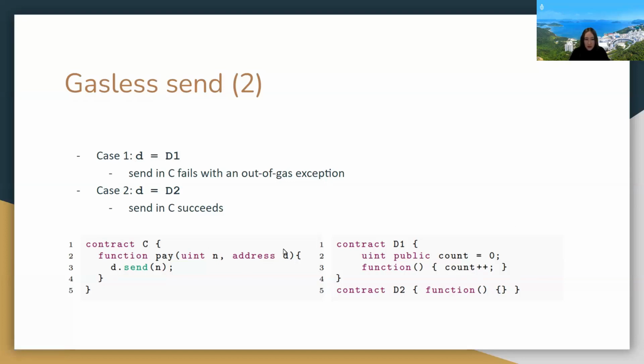If we pass here as address D the contract D1, the contract C would fail with an out of gas exception because in D1 we are incrementing the value, so we are altering the state of the blockchain, and there might not be enough gas to do so. And if we use contract D2, then the send would succeed because it doesn't do any state alterations. So this is about the gasless send.